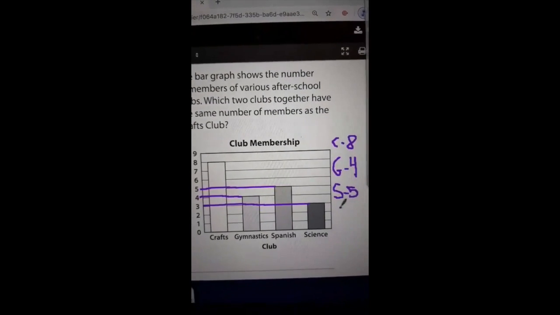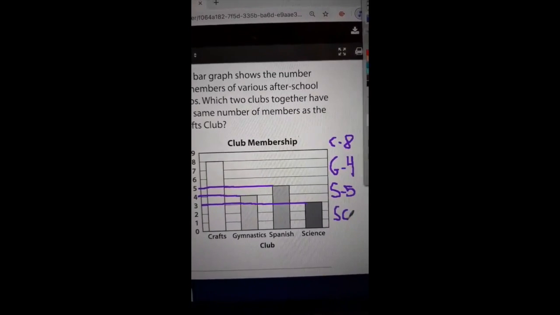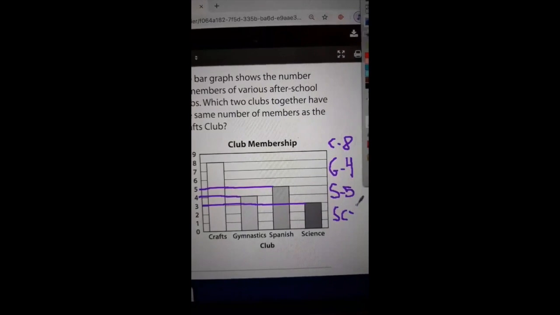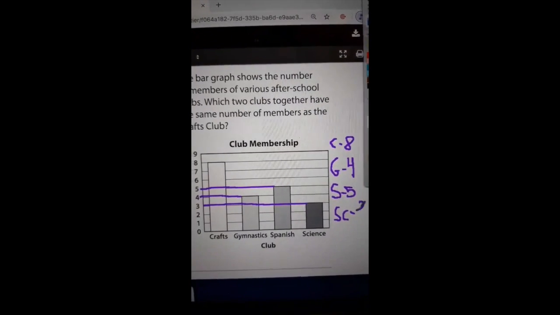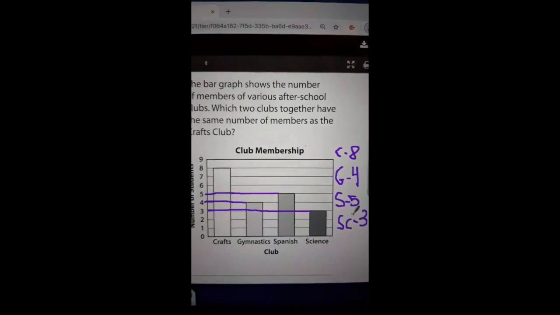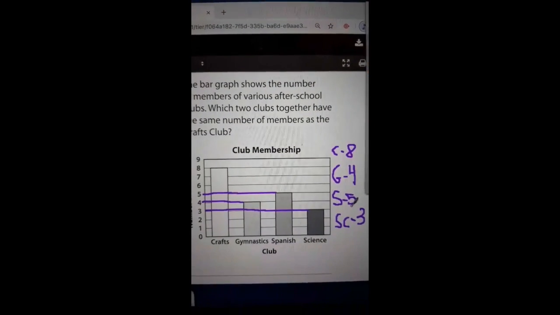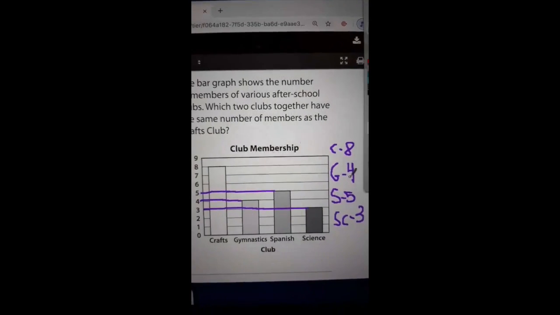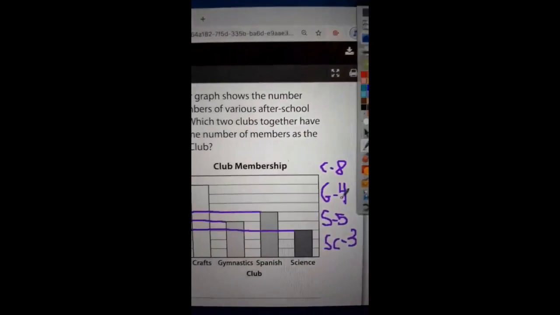So for science, I'm going to put SC to differentiate between science and Spanish. So we have 3 students. The science club has 3 students. The Spanish club has 5 students. The gymnastics club has 4 students.